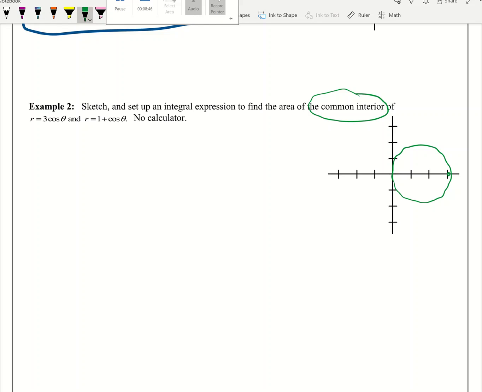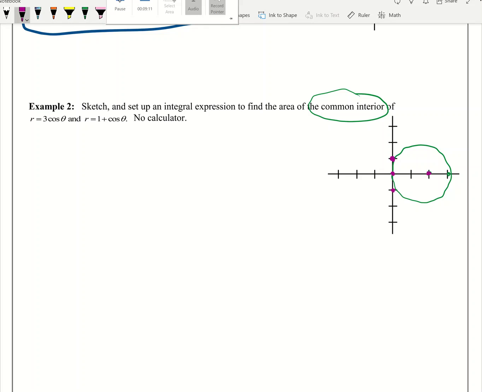Our 1 plus 1 cosine theta, if I put in 0, I would get 1 plus 1, which is 2. Oh, let me change colors here. If I put in pi over 2 for theta, I would get a 0 for that, plus 1. Same thing will happen at 3 pi over 2. And if I put into this equation pi, I would have 1 minus 1, which is 0.